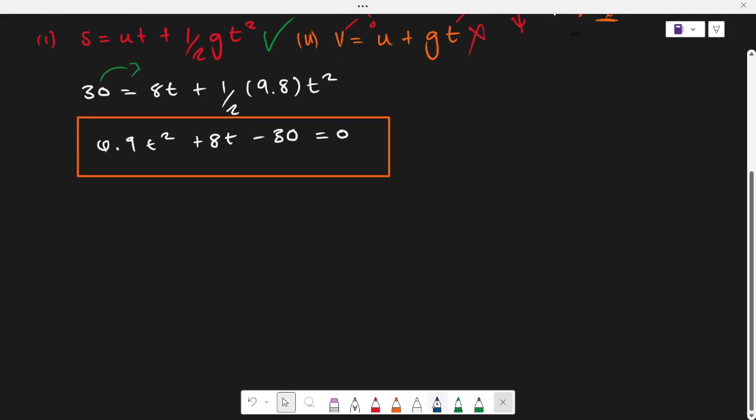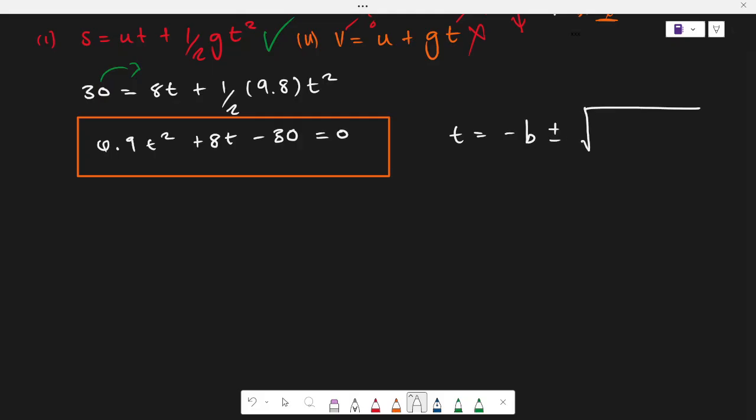We know the formula for the quadratic equation: t in our case will be equal to negative b plus or minus the square root of b squared minus 4ac, over 2a. But there's a quicker way of doing this at once on a calculator.